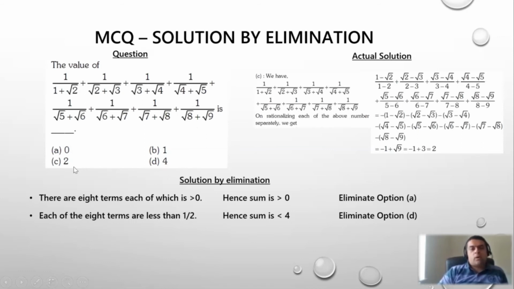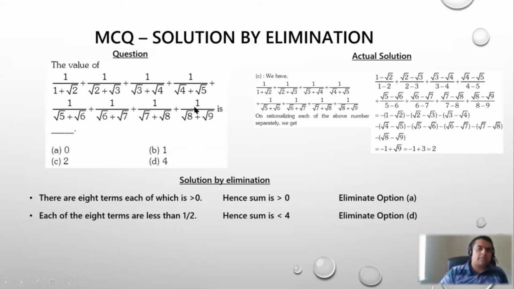Now we have 2 answers remaining, which is either 1 or 2, option B or option C. Now another way of looking at these ratios, each of these ratios are greater than 1 by 6. So why 1 by 6? If you look at this term, which appears to be the smallest term among these 8 terms, this is the smallest term.